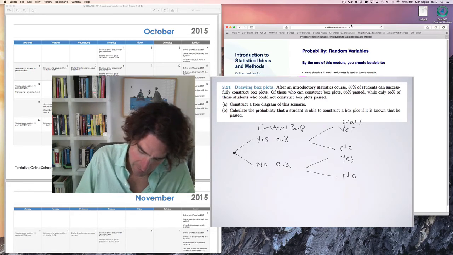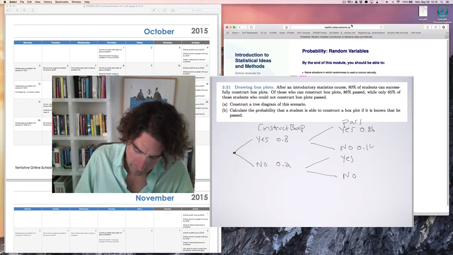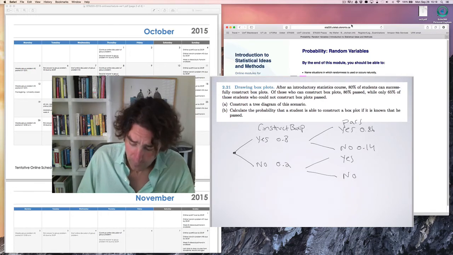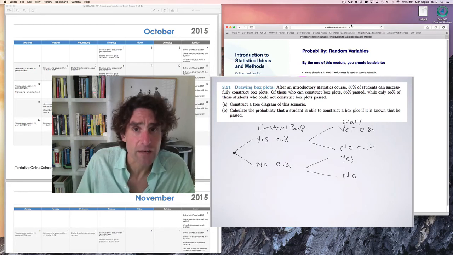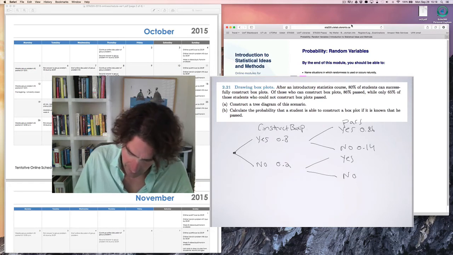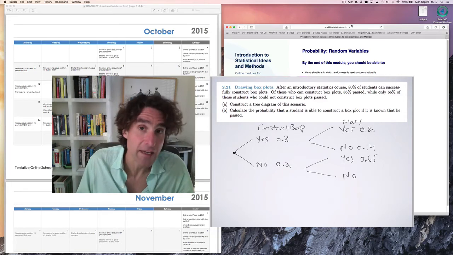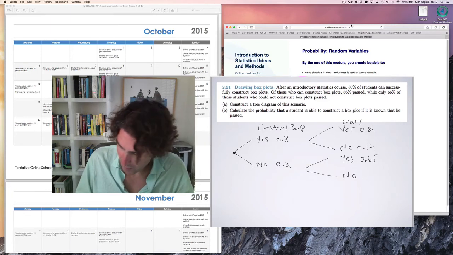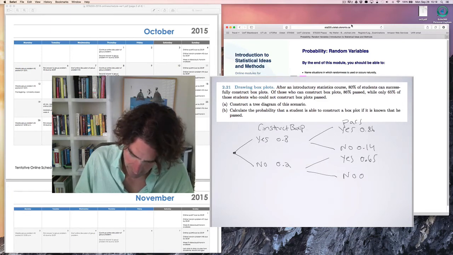This is 0.86. This is 0.14 then, because 0.86 and 0.14 have to add up to 1. This was given as 0.65. So for those who cannot construct a box plot, the probability that they'll pass is 0.65, and then 1 minus that gives us 0.35.